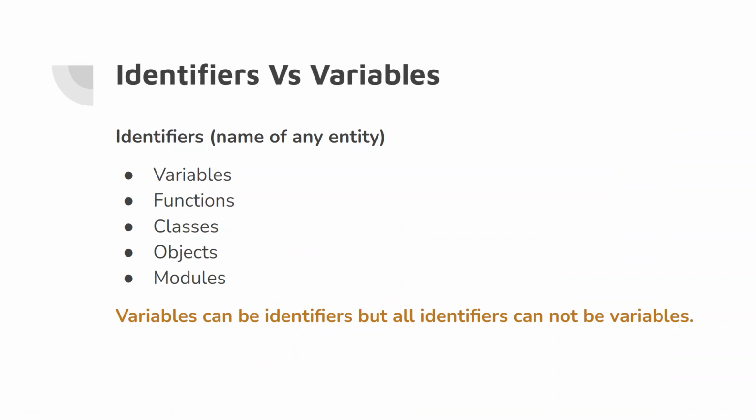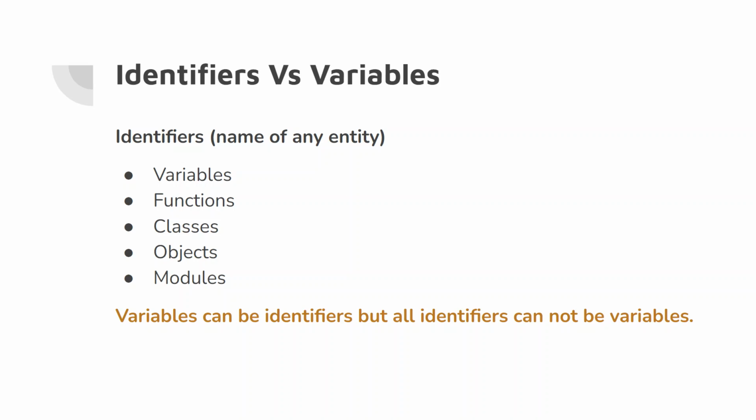So what's the difference between identifiers and variables? Identifiers are variables, functions, classes, objects, modules. So these are all identifiers. Any entity which has a name is called an identifier. In the previous video I explained about identifiers. But variables are those where we define an integer value, float value, string value, etc. These are variables.